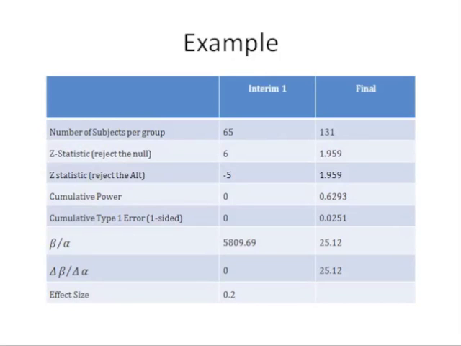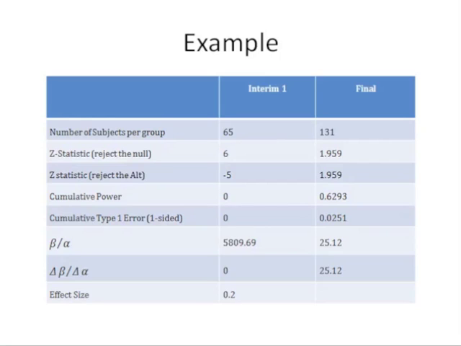So here we have a simple study with two analyses, one midway through and the other at the final analysis, when 131 subjects have been enrolled and observed for the primary endpoint. There's a rejection boundary and a futility boundary, both of which would not be expected to be binding in practice, since the z has to exceed 6 for the efficacy boundary and -5 for the futility boundary. So a frequentist would not reject the null hypothesis based on a positive study with this design because the power is too low, 63%.